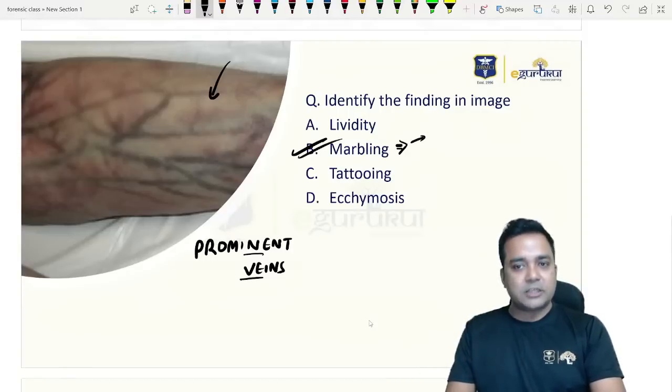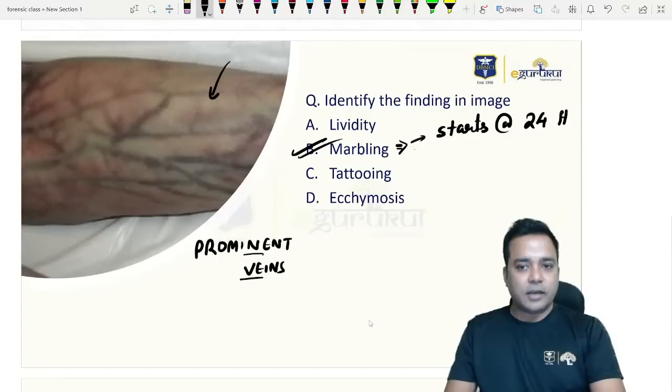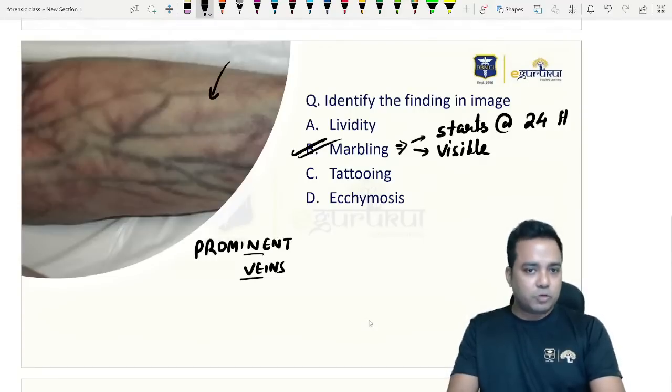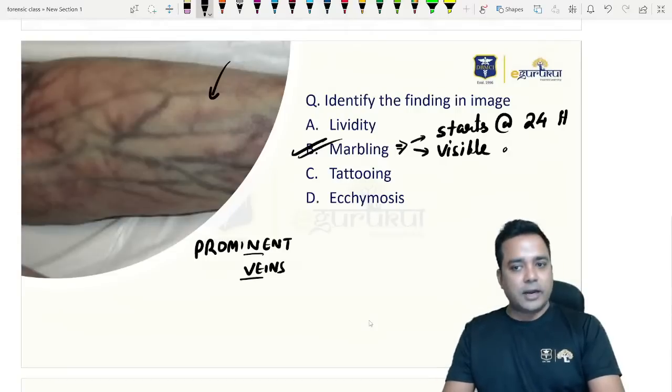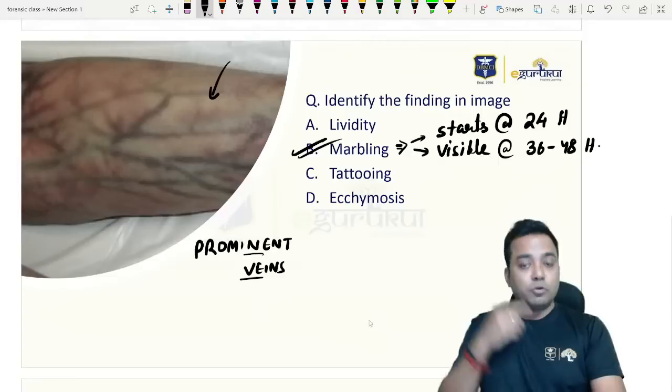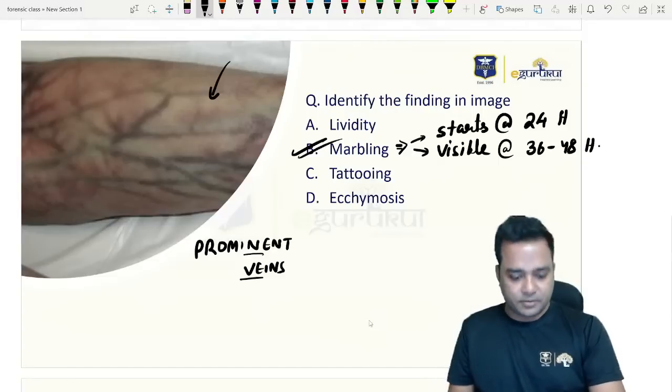This marbling process starts at 24 hours after death, and this process becomes visible, matlab agar main bolun ki ye dikh raha hai to ye kab dikhna shuru hota hai? At about 36 to 48 hours due to sulf-hemoglobin pigment.